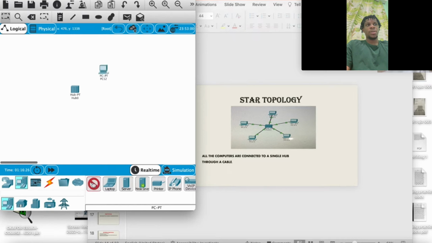That's a PC. We add another PC because we have to make a star topology.